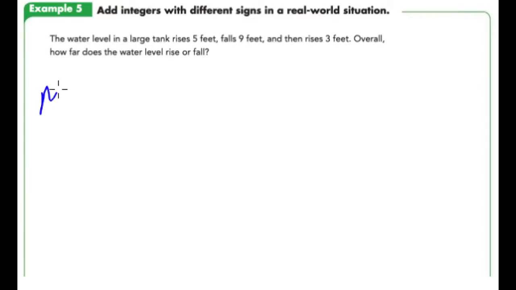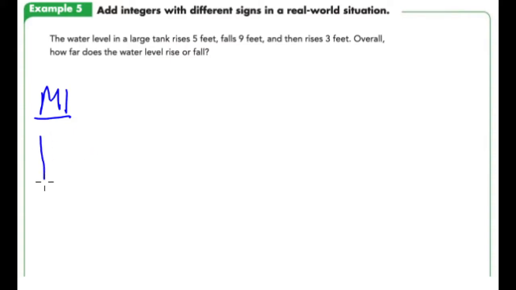For the first method, I'm going to draw a picture to try and get a visual of what is happening. A good method to use when you're dealing with real-world situations, if possible, is to try and draw a picture to get a visual of what you are seeing in the problem.